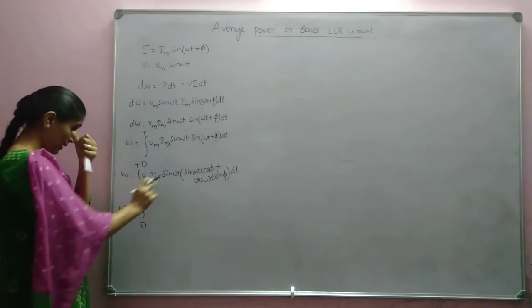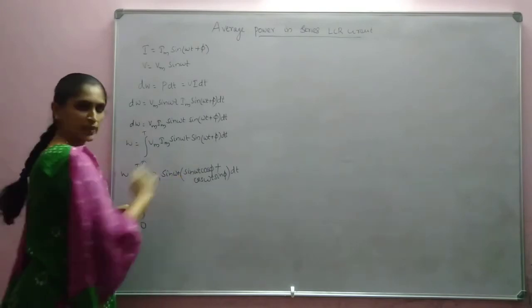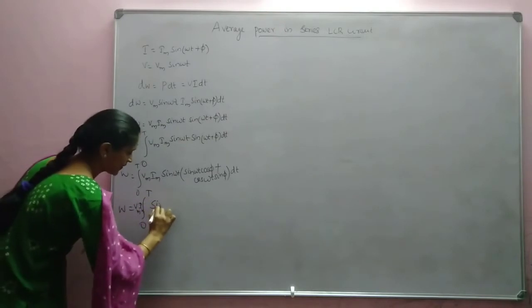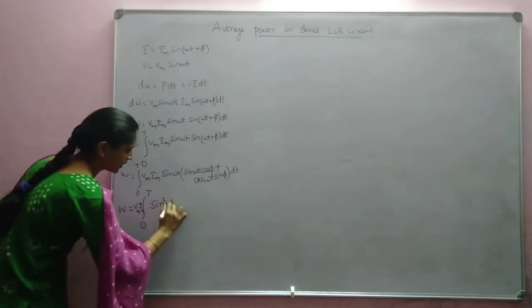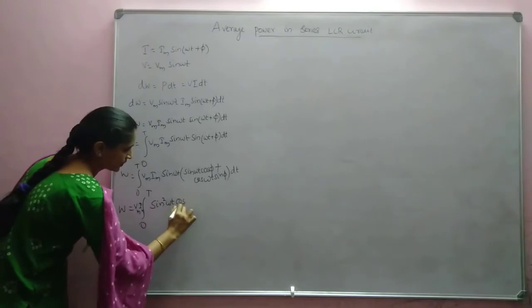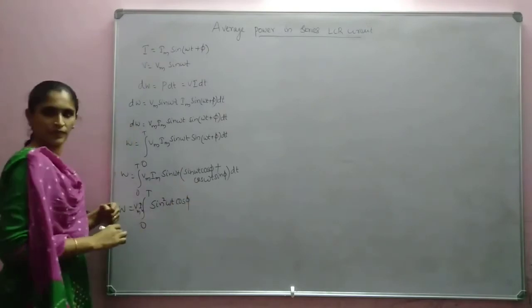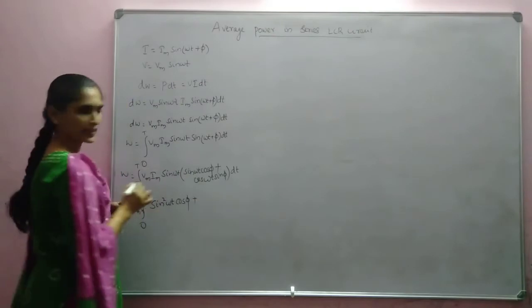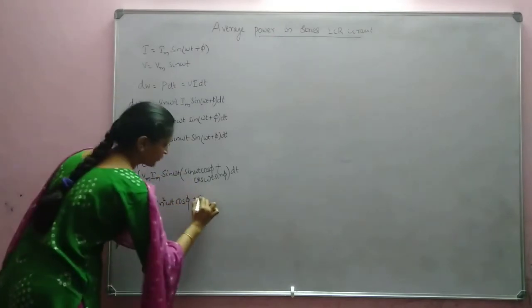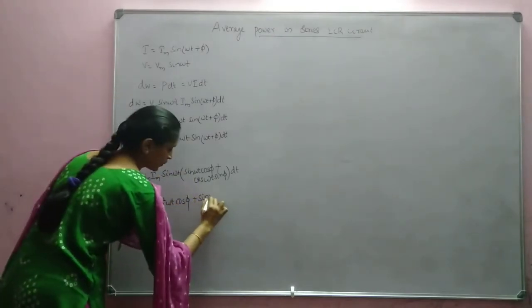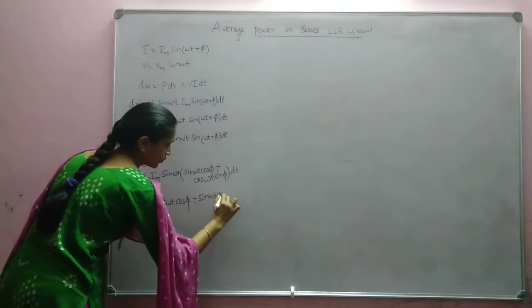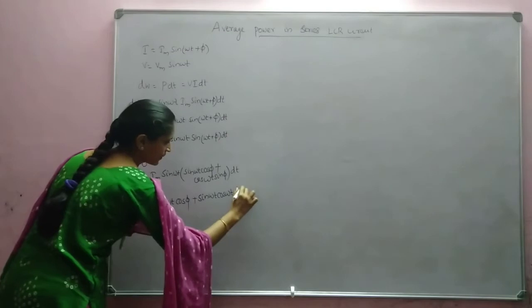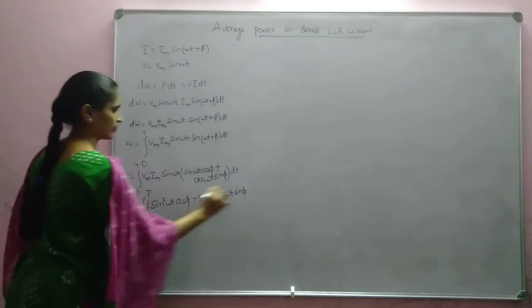Now sin omega t into sin omega t cos phi can be written as sin square omega t cos phi, plus sin omega t into cos omega t sin phi, dt.